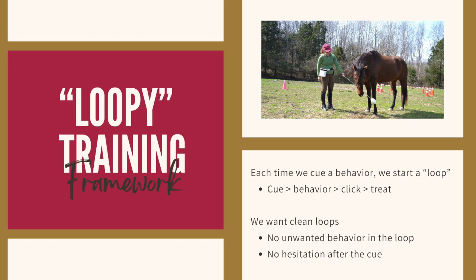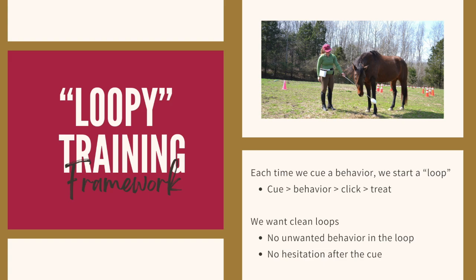So you'll see as we get into some of these exercises, you're gonna see the loops happening pretty quickly, and it's a little bit different from more traditional training in the sense that we're doing things in loops and cycles, repeating behavior, repeat. So we want nice, clean loops. What is a clean loop? That means that there's no unwanted behavior in the loop.